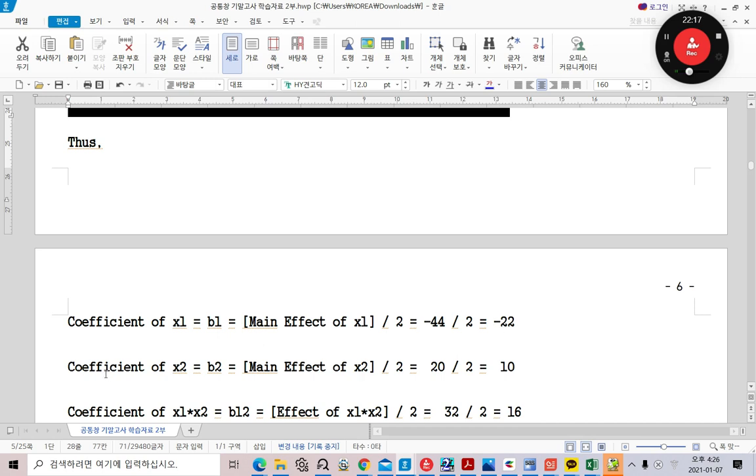And the coefficient of x2, which is B2, equals the main effect of x2 divided by 2, equal to 20 divided by 2, 10. The coefficient of x1 times x2, which is B12, equals the effect of x1 times x2 divided by 2, which equals 32 divided by 2, which equals 16.